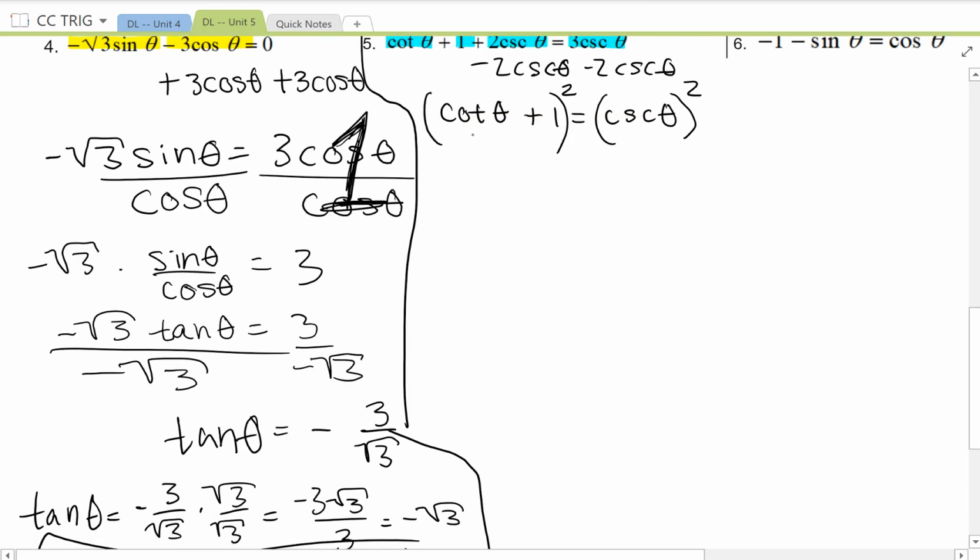Okay, so continuing on. Cotangent theta plus 1, quantity squared. You have to expand it. Do not forget this is going to be a trinomial. You cannot apply this little 2 in there, even though it would be convenient.